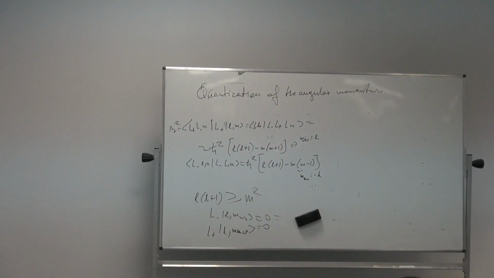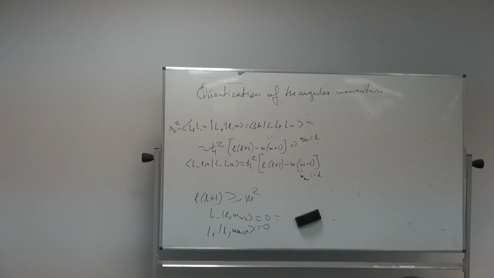Look, we have minus L as the minimal value of this projection, plus L as the maximal value of the projection, and these L pluses and L minuses are jumping with my m by 1. So when I start from the very bottom, from this minimal m, I apply L plus, and climb up.